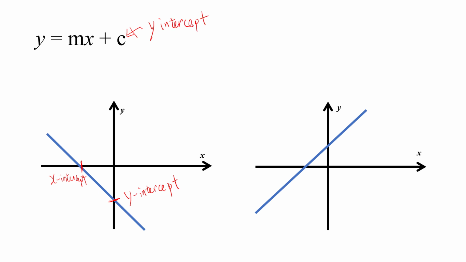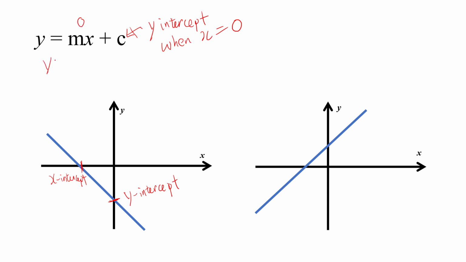Basically, the y-intercept is just a fancy way of saying what's the value of y when x is equal to 0. Because mx, when x is equal to 0, 0 times whatever the gradient is, you will get 0.